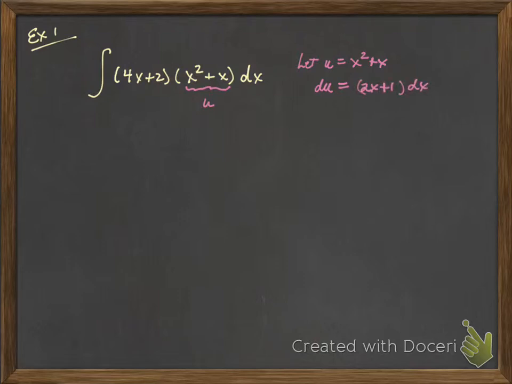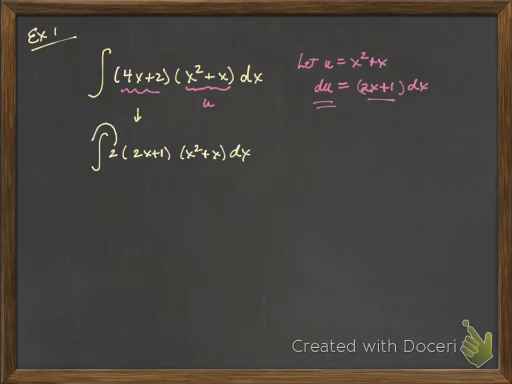I have to replace all my x's with the appropriate u's. So I look over here and I see this 4x plus 2, which is almost the 2x plus 1. But if I do some factoring, if I factor out a 2 first, now I have 2x plus 1, and then x squared plus x dx.